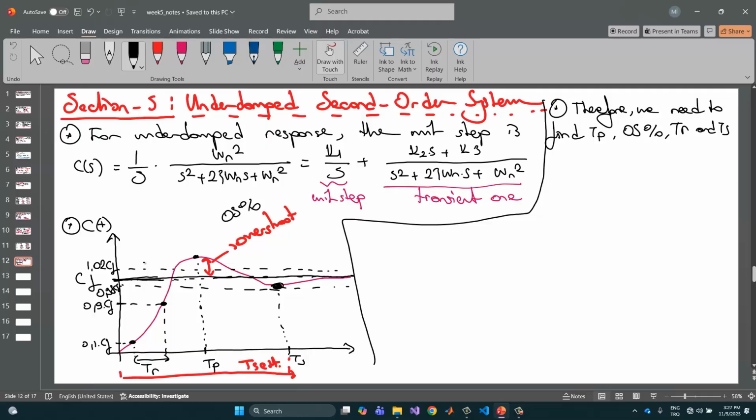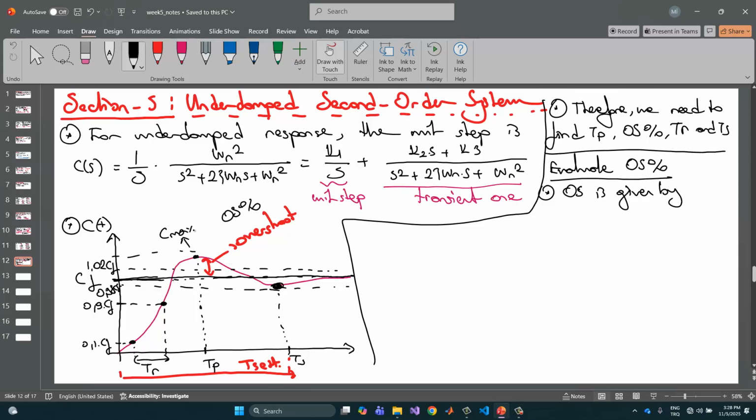Okay, so first of all we need to evaluate the overshoot. The overshoot is given by, how can I define the overshoot in here? This is the C max point, and so how can I find or define the overshoot in this system?